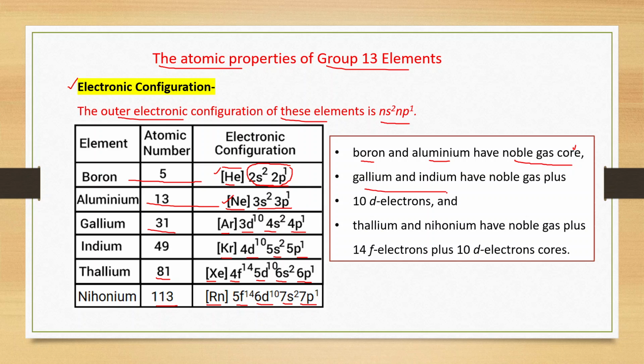Gallium and indium have noble gas plus 10 d electrons: gallium, argon with 3d10, and indium, krypton with 4d10. Thallium and nihonium have noble gas plus 4f electrons plus d electrons core; for nihonium, noble gas plus 5f plus 6d electrons.